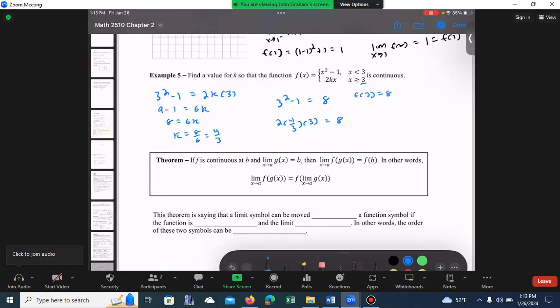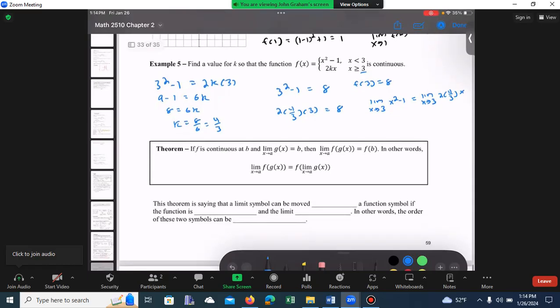The limit as x goes to 3 of x squared minus 1 equals the limit as x goes to 3 of 2 times 4 thirds x. They will be the same then. So now k has to equal 4 thirds.